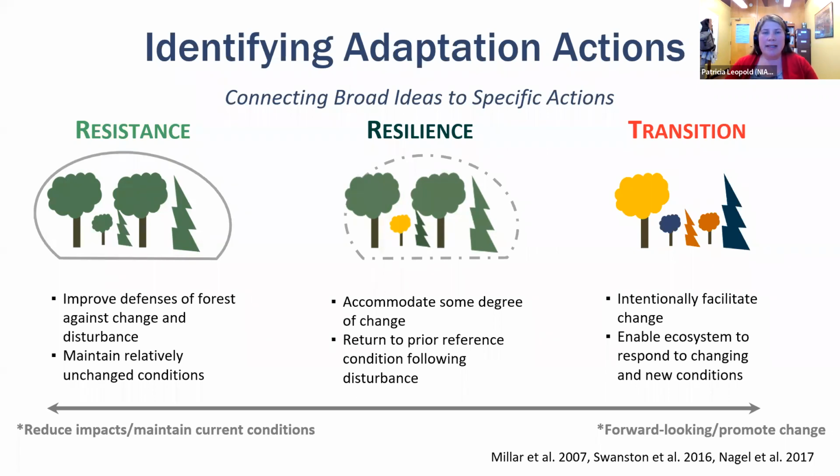And then the transition option is recognizing that climate change is having a large negative impact on your current system, and there is a need to help that system change to something that is more in line with the future climate.